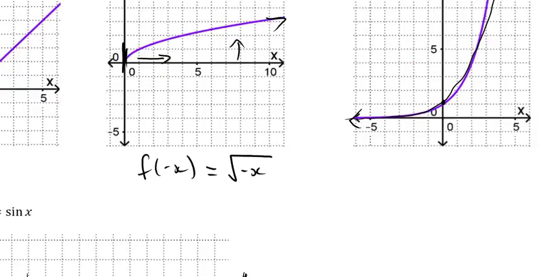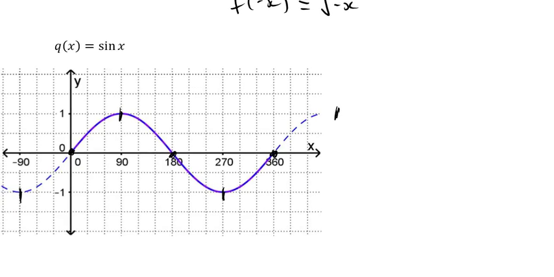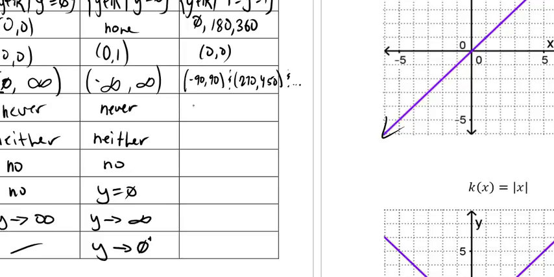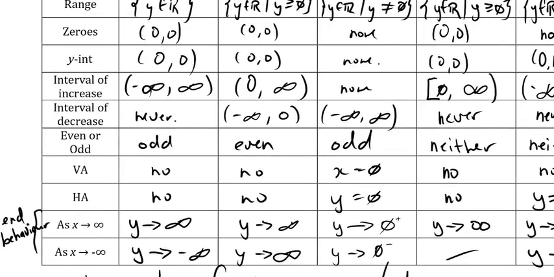And then interval of decrease is the opposite ones. So from 90 to 270, and so on and so forth. Now this makes it look a little bit like a point, but that's not a point, right? We're using interval notation there.